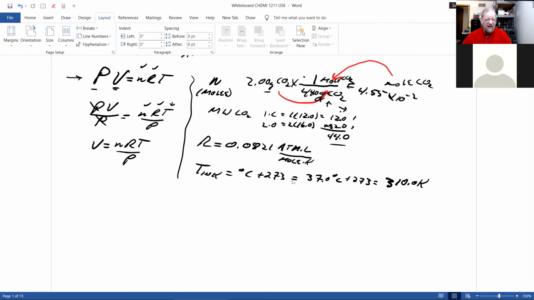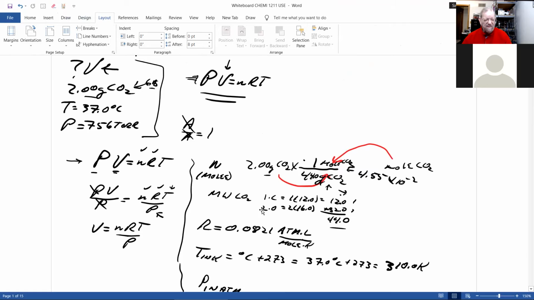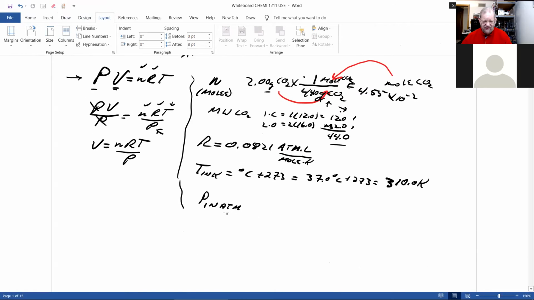And so we now have T, and now we're left to do pressure. And pressure has to be in atmospheres. But we have 756 torr. And we want to get to atmospheres.